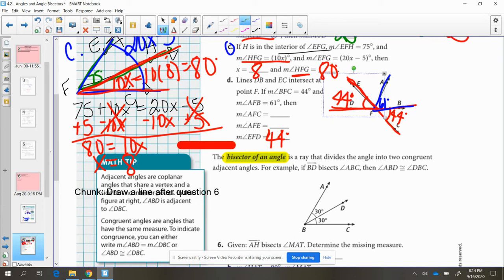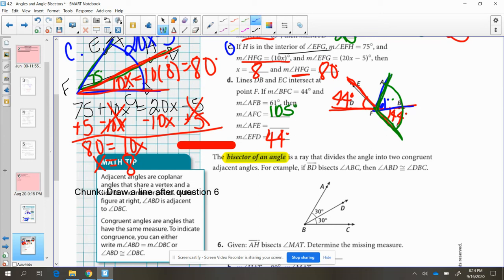Now these other angles, including AFC. AFC is right here. And to find the measure of AFC, we need to take our two small angles, 61 and 44, and add them together to get our 105 degree angle.